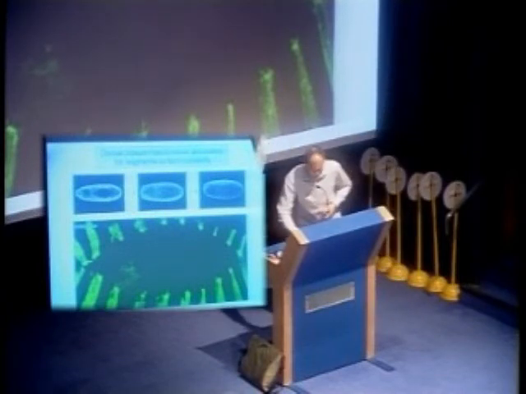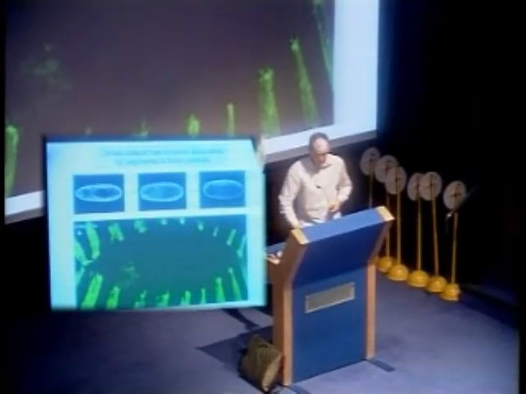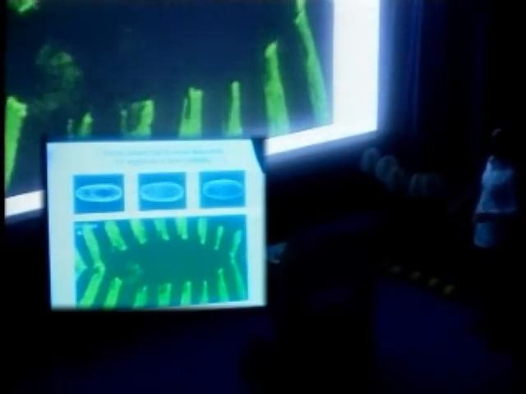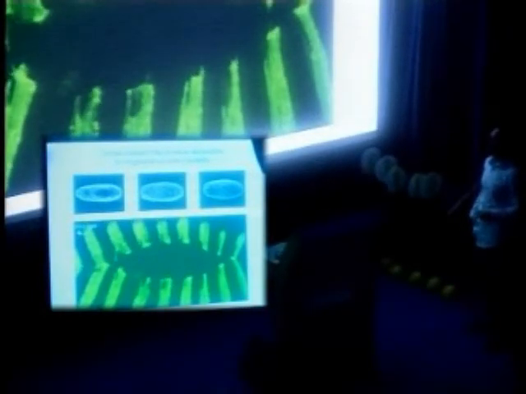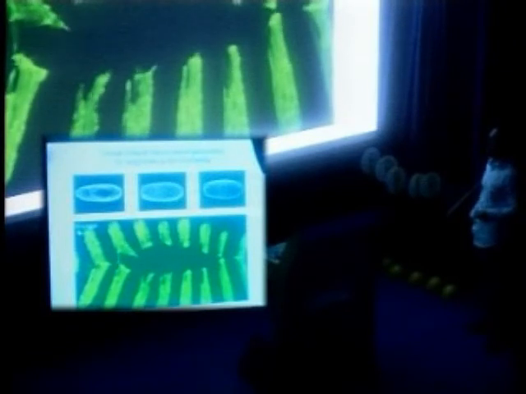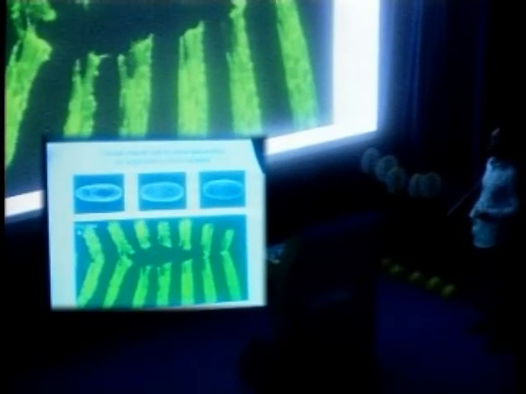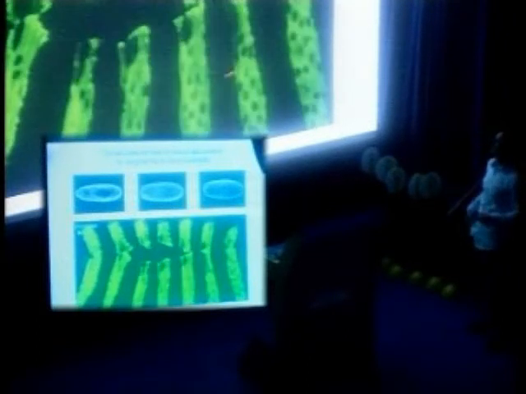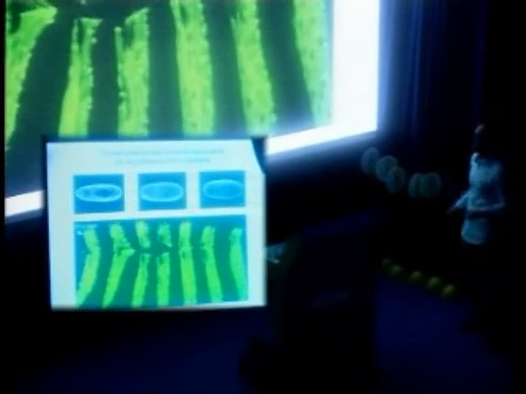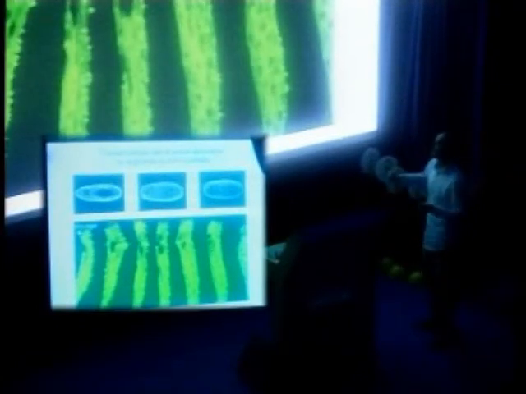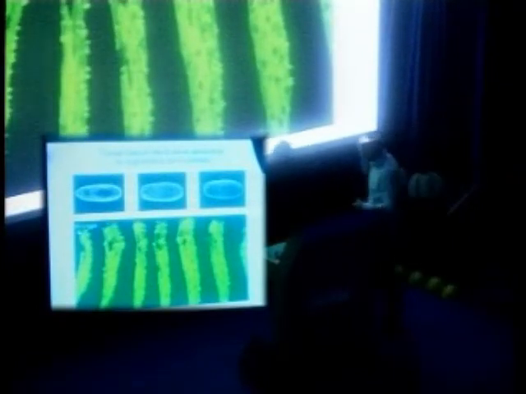I'll play this movie, and what we find when we look at this stripy embryo is that the stripes from one side always come together perfectly with the stripes on the other side. So this is showing us that this is actually a very accurate process, and we want to try and understand how the fly can achieve this sort of level of accuracy when joining these two edges together.